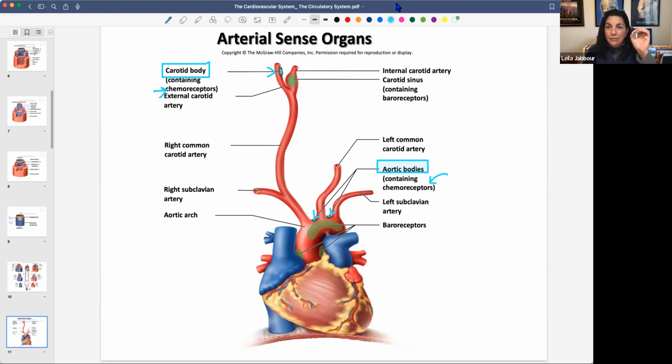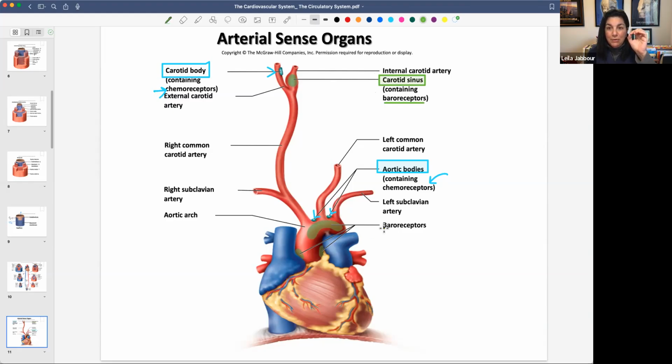And then I'll do it in green, we have baroreceptors at the carotid sinus, right here. This one is on the internal carotid artery, the carotid sinus.